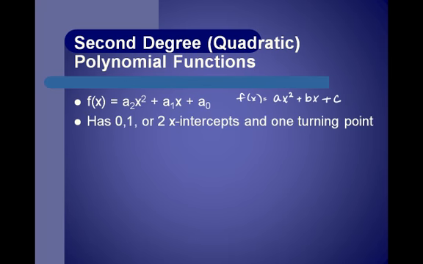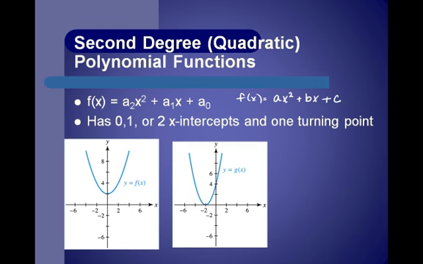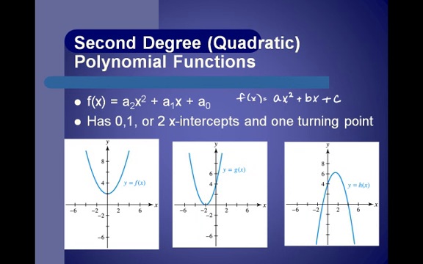A quadratic function has 0, 1, or 2 x-intercepts and 1 turning point. Here are some examples of quadratic functions. The first one has no x-intercepts, the second one has 1 x-intercept, and the third one has 2 x-intercepts. But notice all three of them only have 1 turning point.